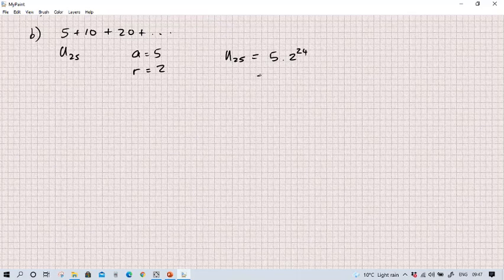If we calculate that out, it is a very large number. On the calculator, it would be 83886080. So that's the 25th term of the GP.